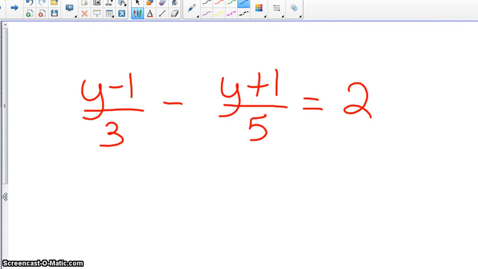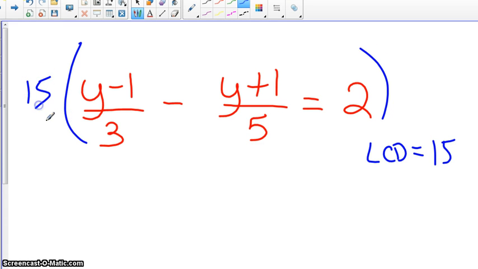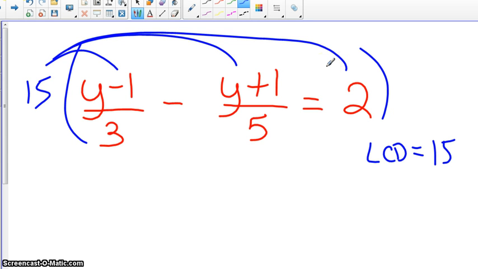Alright, problem gets a little bit more complicated in the numerator, but the principles stay the same. Here the LCD for 3, 5, and 1 is 15. So multiply everything by 15. Here, here, and here. You don't have to do those, but I want just to show you 15 over 3, that cancels out.